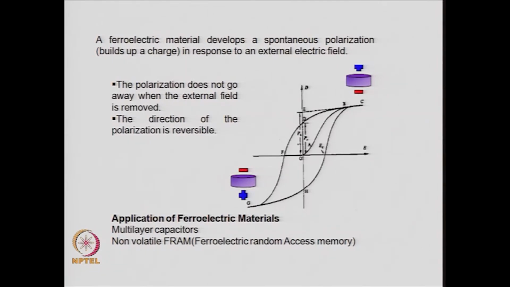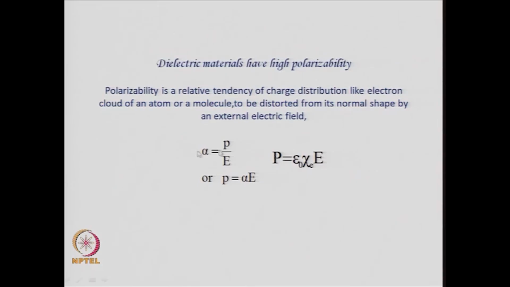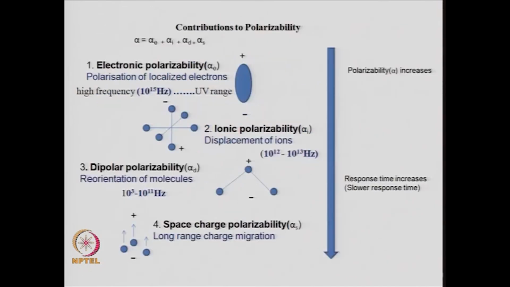Now, there are certain dielectric materials where the polarization is present even in the absence of an applied electric field. In all these cases, the polarization is a function of the electric field, and these are simple dielectric materials.